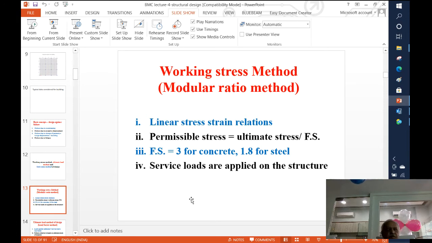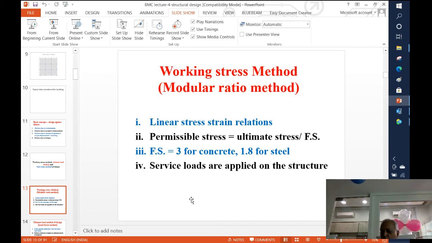The working stress method is based on the linear elastic behavior of the material. We want to ensure that the structure will always remain elastic to start with. Under elastic behavior, there is a permissible stress. For example, for concrete you have M20, M25, M30 grade concrete. M30 grade concrete has an ultimate crushing strength of 13 Newton per mm square.